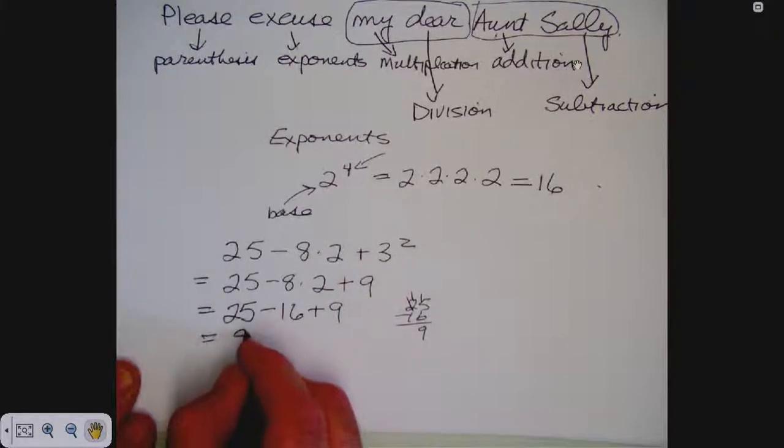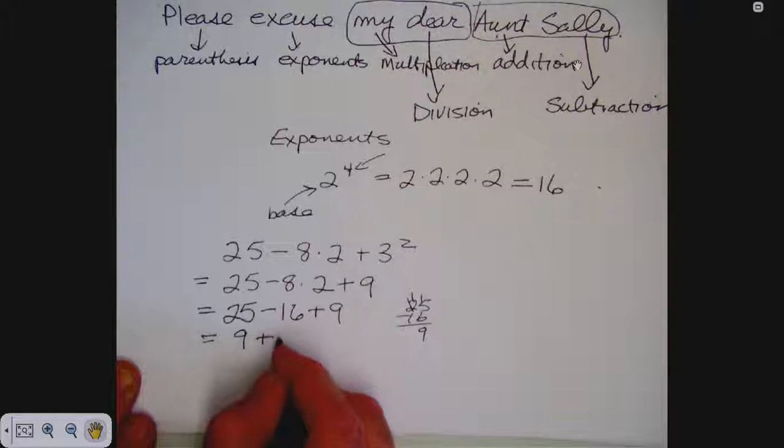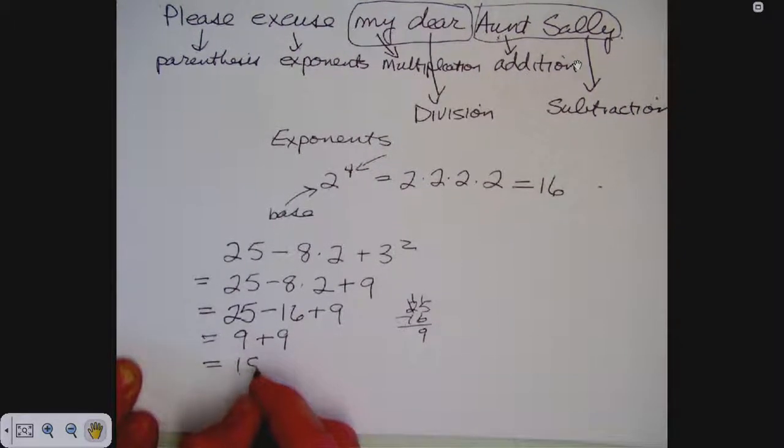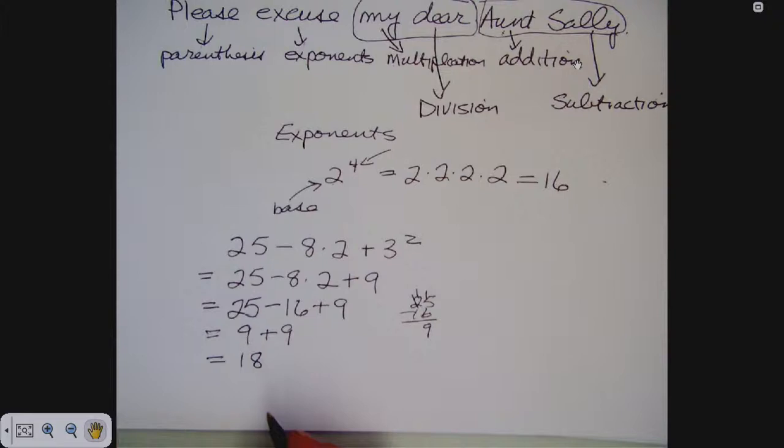So now I get 9 plus 9. Now I only have one thing to do, and that is I have 9 plus 9, and 9 plus 9 is equal to 18.